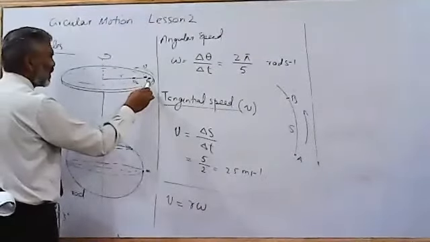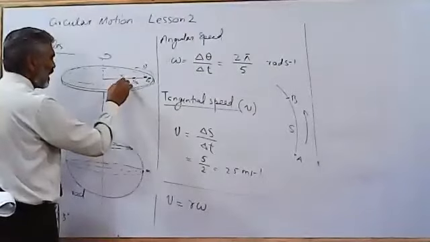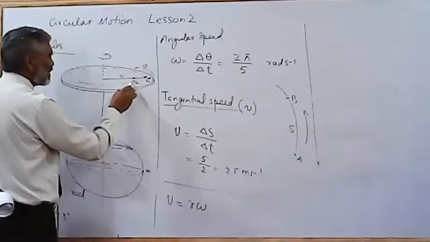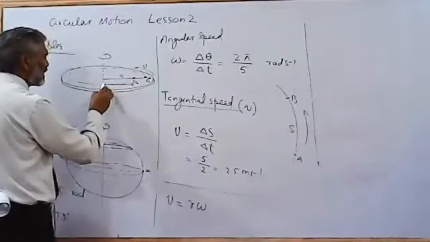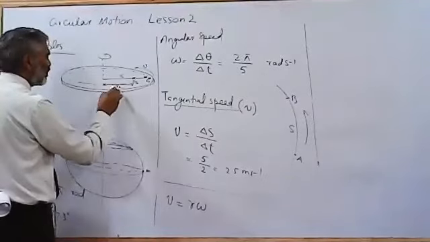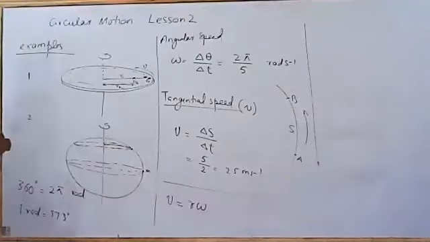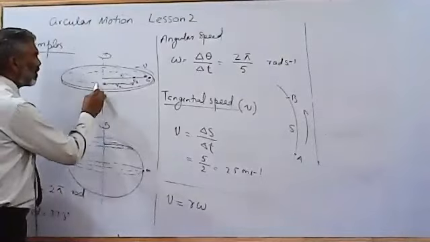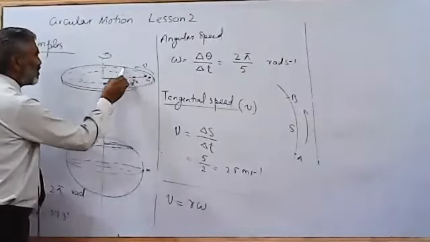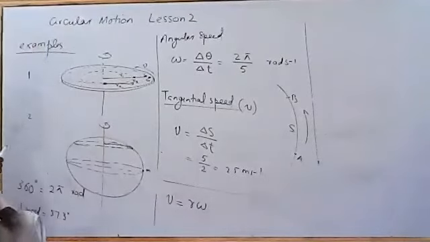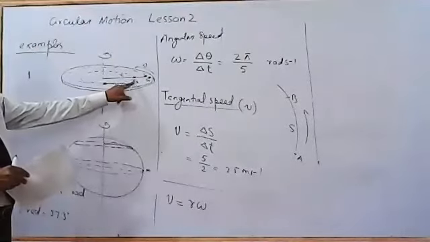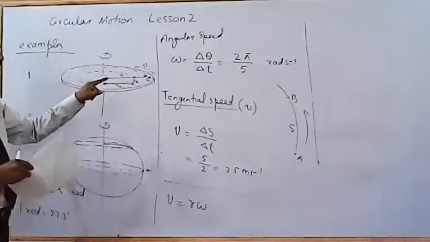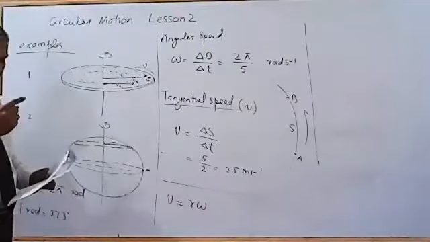One point, C1, is placed at a radius R1, and this point, C2, is placed at a distance R2 from the axis. So, two different circles are formed now. This is the bigger circle in which point C1 is rotating, and this is the smaller circle in which point C2 is rotating.